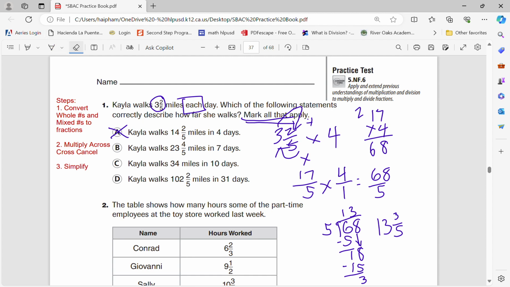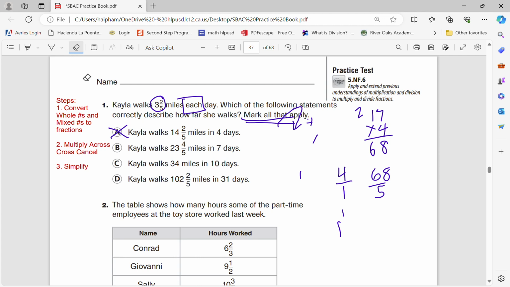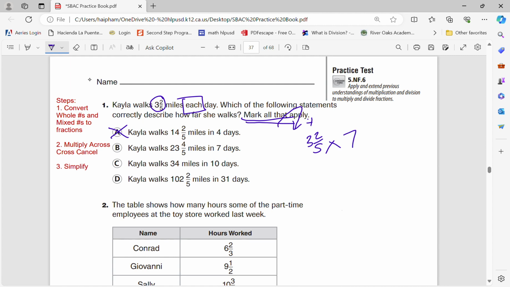Let me go ahead and erase what I have here to give myself some space. All right, and now we have Kayla walks 23 4/5 miles in 7 days. So this time we are going to multiply our 3 2/5 by 7.